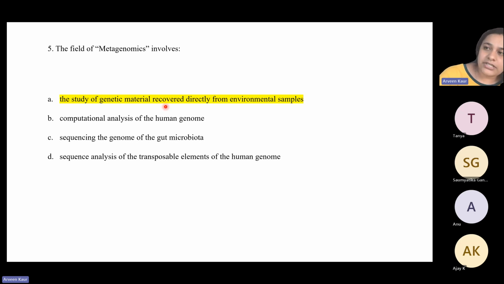When we talk about metagenomics, we talk about the genomics of the entire environment of an individual. For example, if we talk about human metagenomics, we will take samples from the gut microbiota of the human, and from the environment in which that human being is living, right? So it will encompass the entire range of these samples.